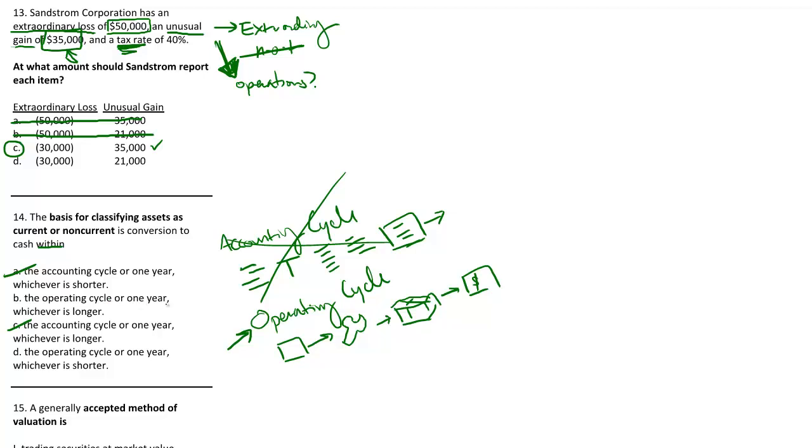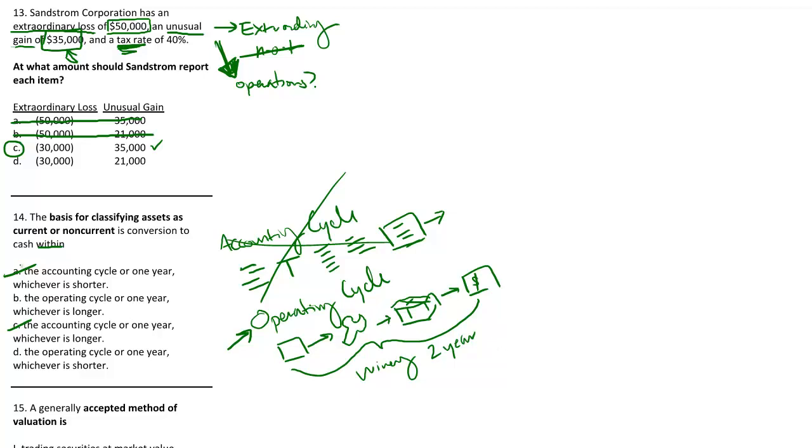So now we're between the operating cycle and 1 year, whichever is longer or whichever is shorter. Okay, an operating cycle could take a few weeks or it could take a few years. With this one, think about a winery. They have a 2-year operating cycle on average. Sometimes they're longer, to get from the grapes all the way to getting it turned into cash.